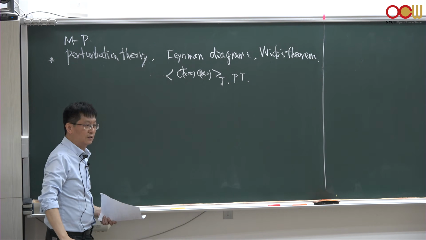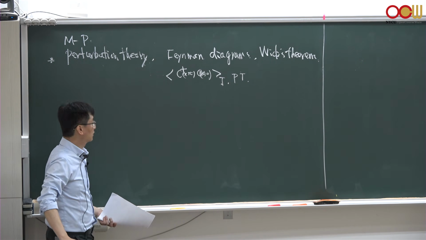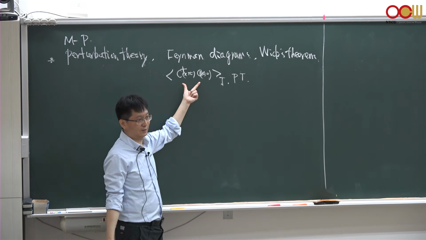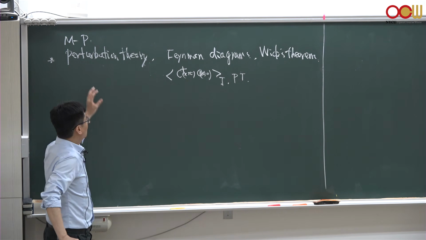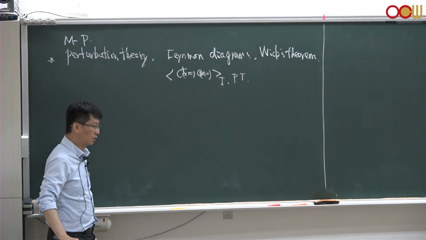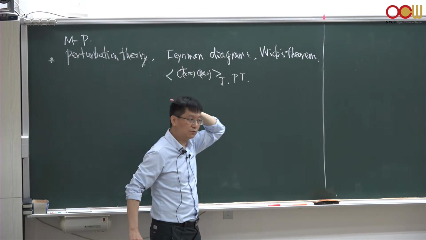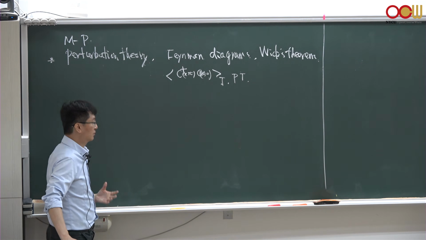Of course, in this complicated many-body problem, we cannot calculate this exactly, so we need to rely on some approximation, and perturbative expansion is a useful and standard way to capture these correlation functions order by order. But the problem is there are many particles.